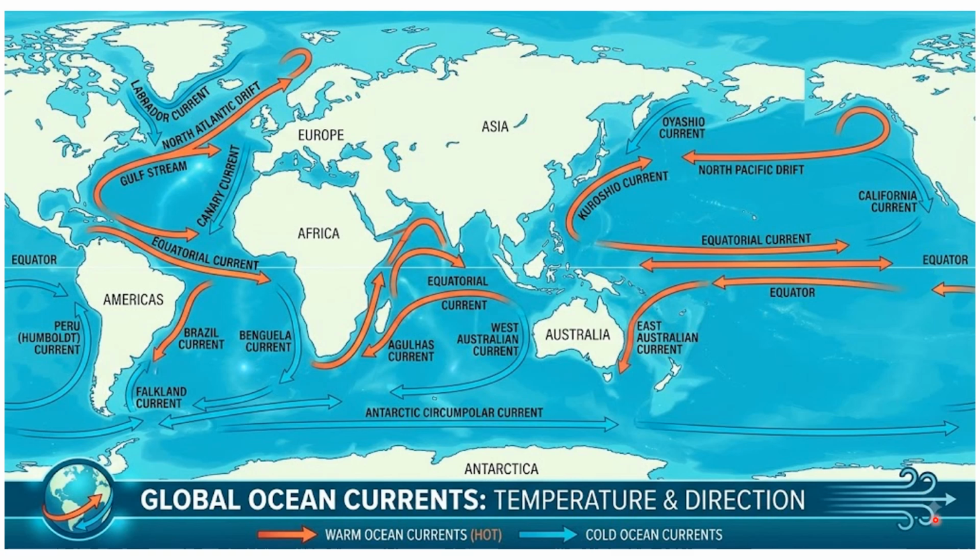Then we are coming down up to the equator, so this is the equatorial current, a warm current, and the East Australian current, along the east coast of Australia, that is also a warm current. But the West Australian current is a cold current, right?